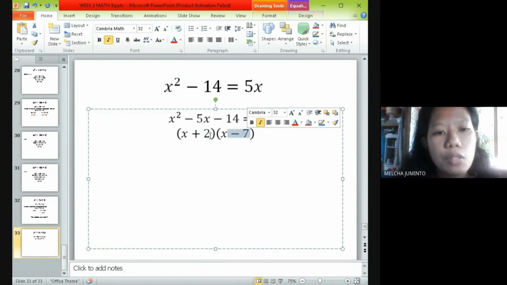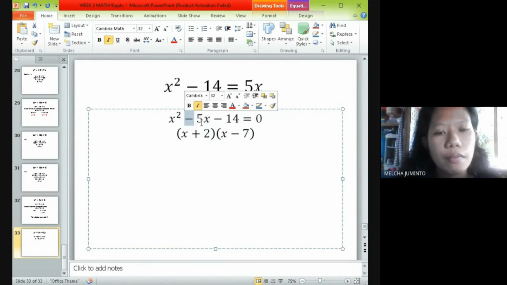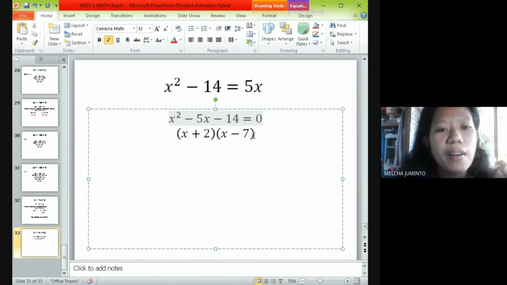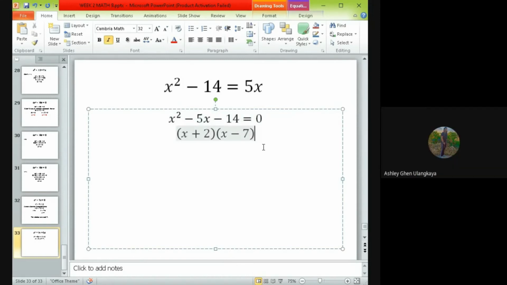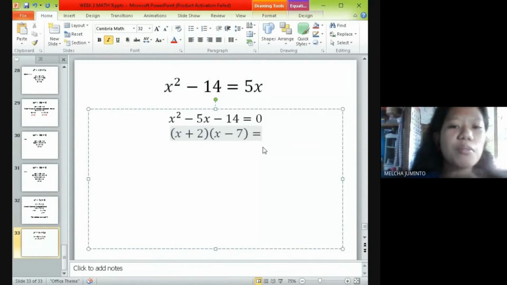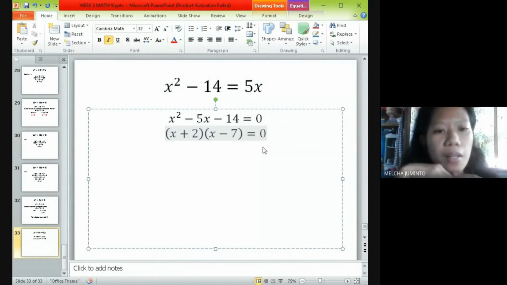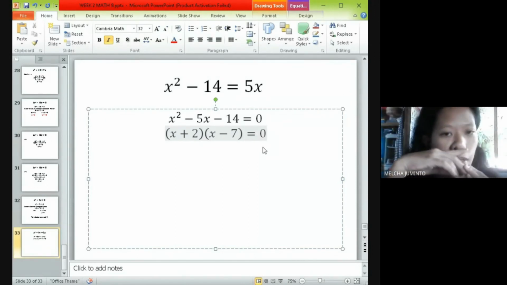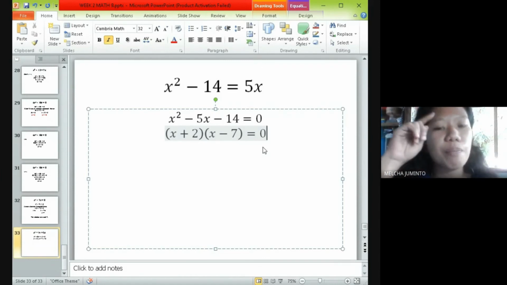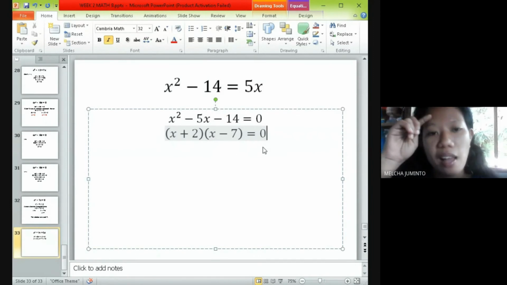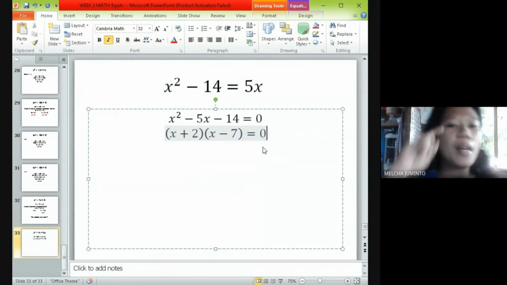Kasi pag nilagay mo yung 7 sa positive, mali na siya kasi positive na yung 5. So, yan yung dalawang factors ng x squared minus 5x minus 14. Madali mo itong makukuha kung tanda mo pa yung lesson ng grade 8, yung factoring trinomials.